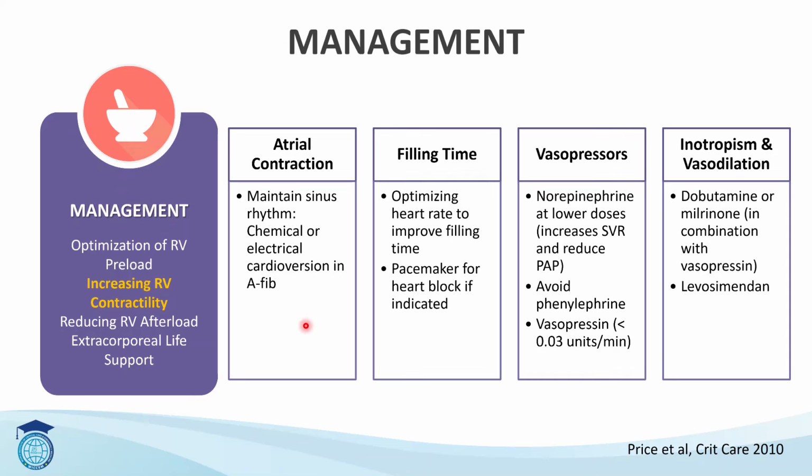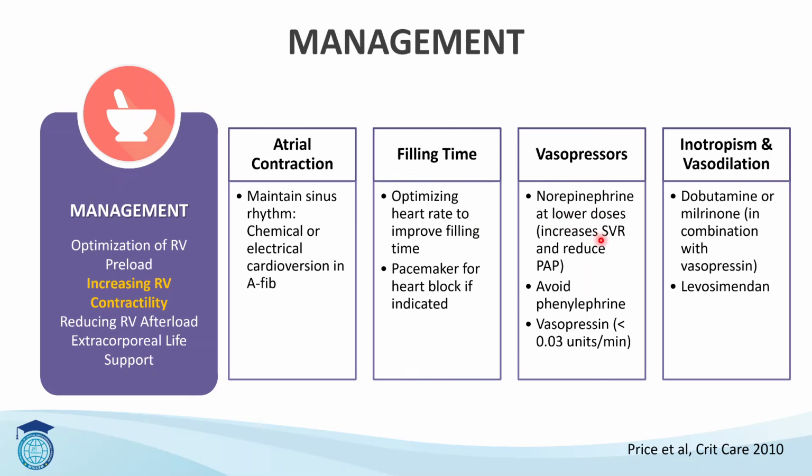If the patient is in atrial fibrillation, you may consider chemical or electrical cardioversion. Similarly, you need to optimize the filling time by optimizing heart rate to improve the time for filling the right ventricle and improving stroke volume. If a patient has a heart block, you may consider putting a pacemaker for those patients.